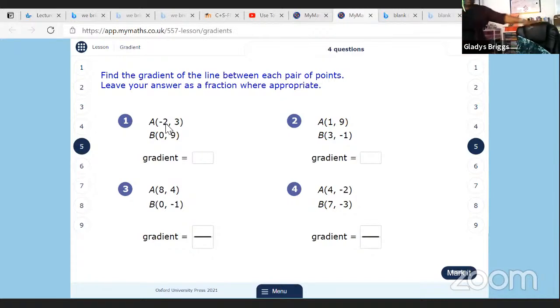Okay. And the gradients, the negative gradient, the positive gradient.